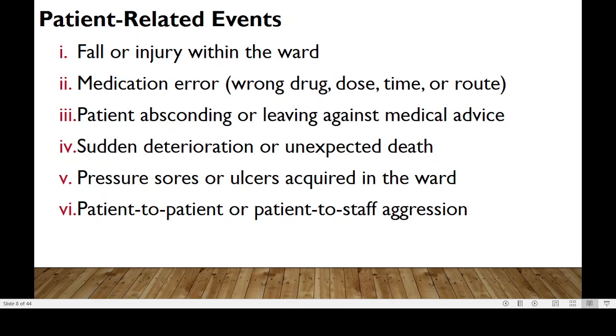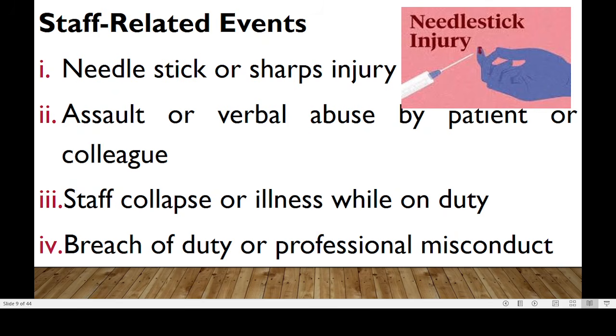Some of the unusual events that you can record, starting with the patient related events, like if a patient falls or there's an injury within the ward, medication error, patient absconding or leaving against medical advice, sudden deterioration or unexpected death, pressure sores or ulcers acquired in the ward, also patient to patient or patient to staff aggression can also be recorded in this part.